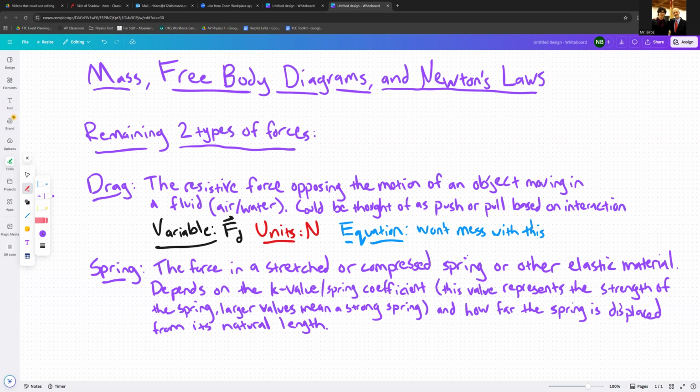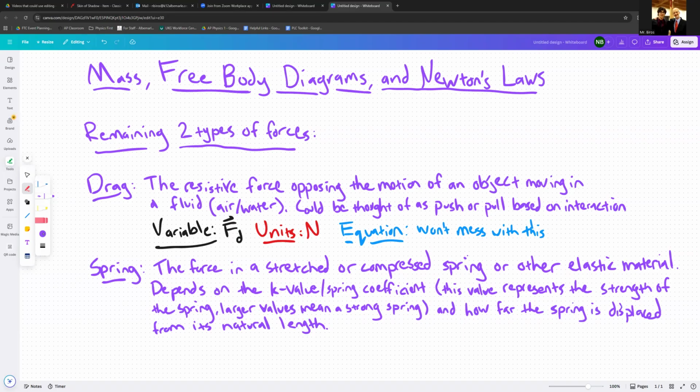If you then begin to stretch or compress it, you're changing the length of the spring from its natural length. And let's say it started as a 3 centimeter spring. You stretch it out so it's 5 centimeters in length now. The displacement, how far it was displaced, would be 5 minus 3. So you displaced it by 2 centimeters, stretching it out from its natural length of 3 to a length of 5.